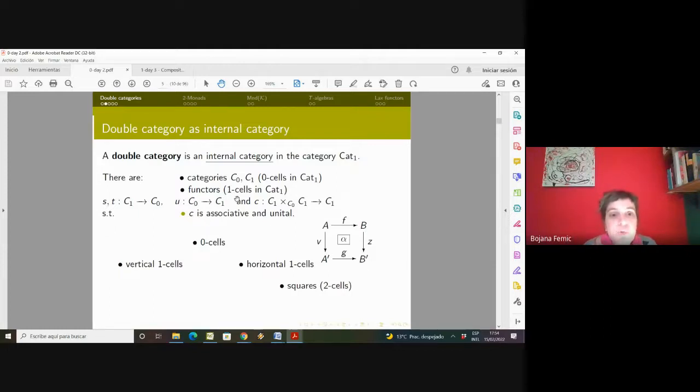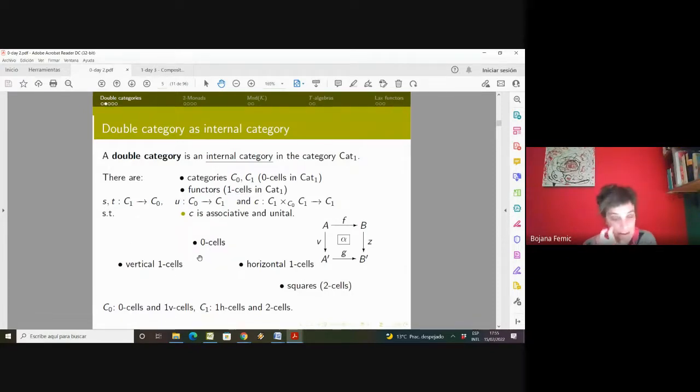Now, what about these 2 categories, C0 and C1? Well, in C0 are the 0 cells and vertical 1 cells. I call them shortly 1V cells. So these 2, I'm not sure if you can see my mouse. It is showing the 0 cells and vertical 1 cells.